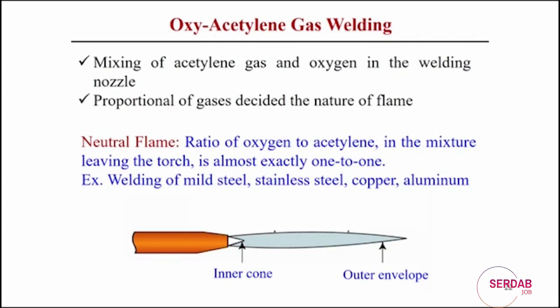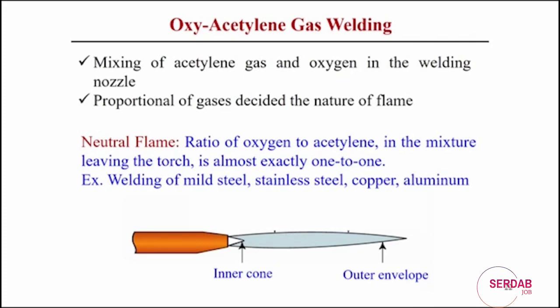The outer envelope tries to protect the heated zone from the outside atmosphere, and the inner cone tries to melt the material.